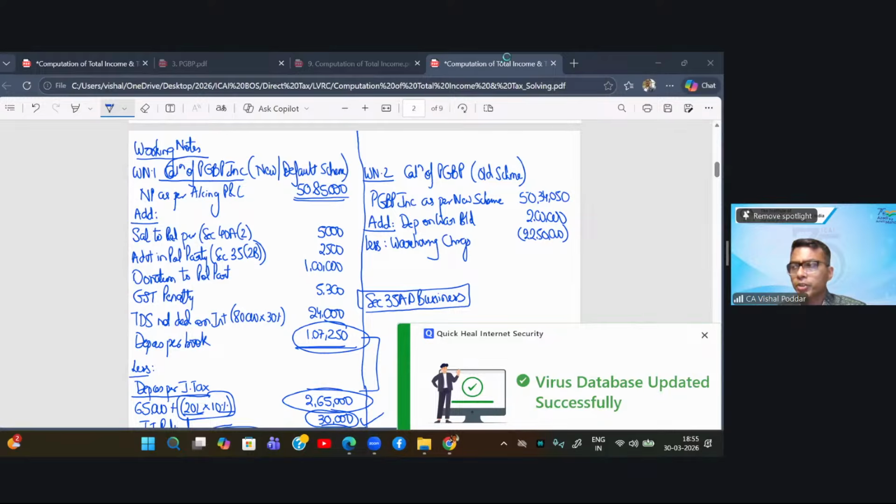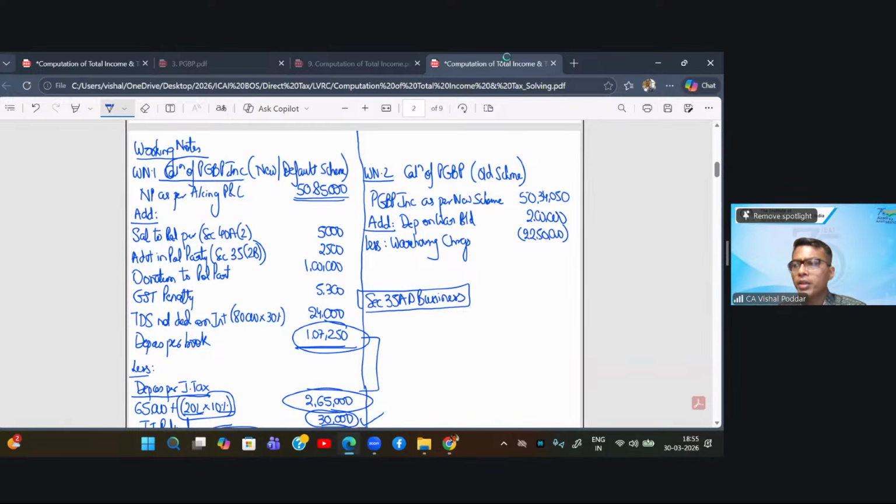So after this subtraction, I will get my final PGBP income, which is for regular or other business. Other means other than 35 AD. So how much is left? So I have to subtract 2050. So 29, 84, 050. Students, please confirm, is it 29, 84, 050?